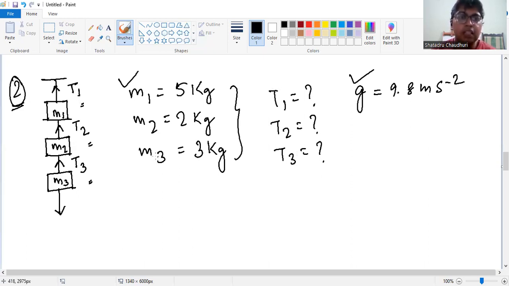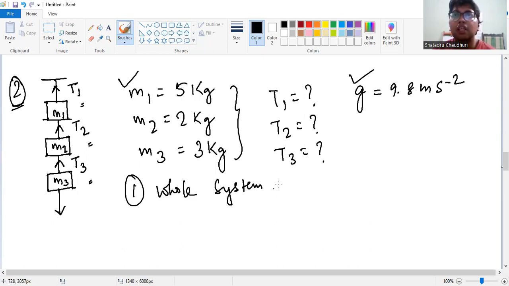Now one more thing, they have given two situations. In the first situation, the whole system is stationary. In that case, what will be T1, T2, T3?